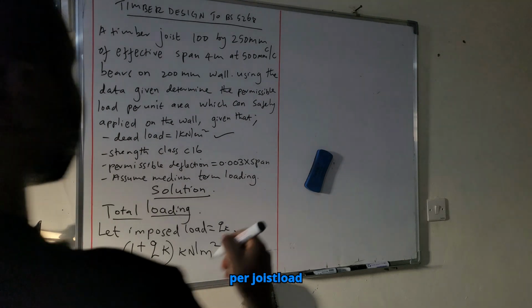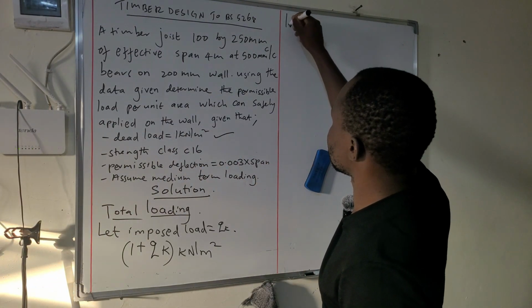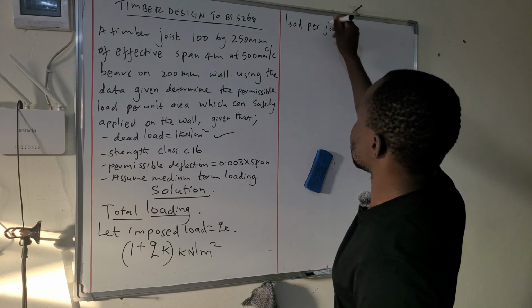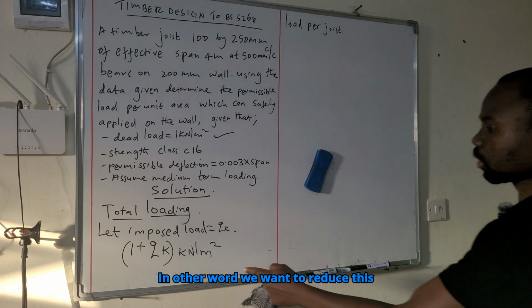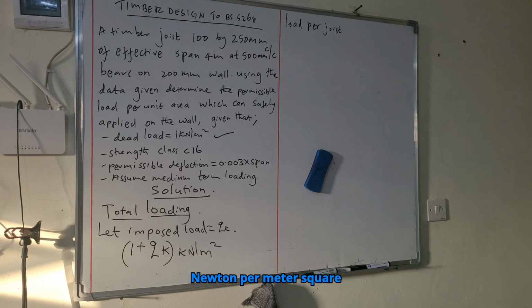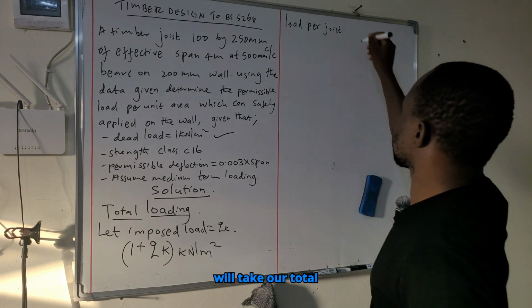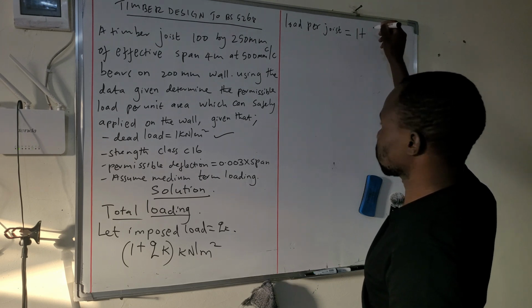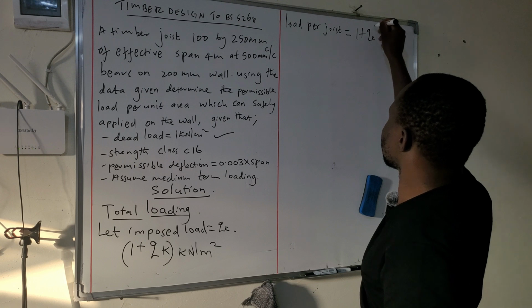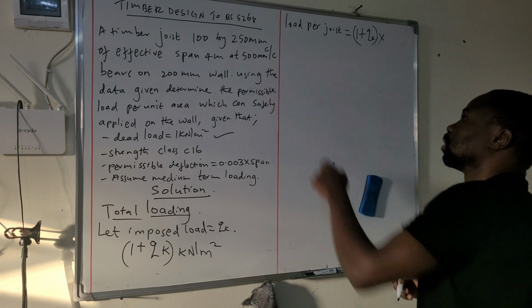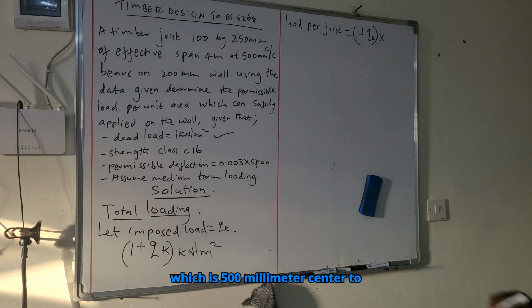So, load per joist. In other words, we want to reduce this total loading from kilonewton per meter square to kilonewton per meter. So you will take our total loading, which is 1 plus Qk, multiplied by the spacing, which is 500 millimeter center to center.